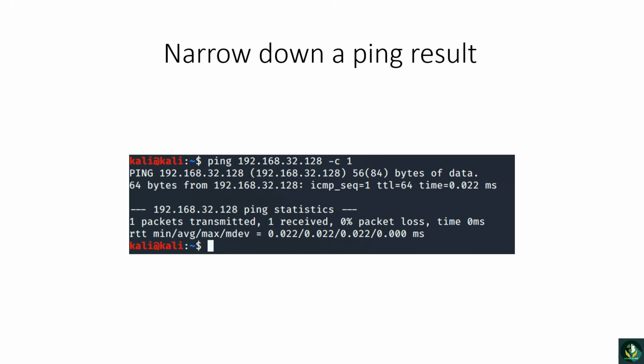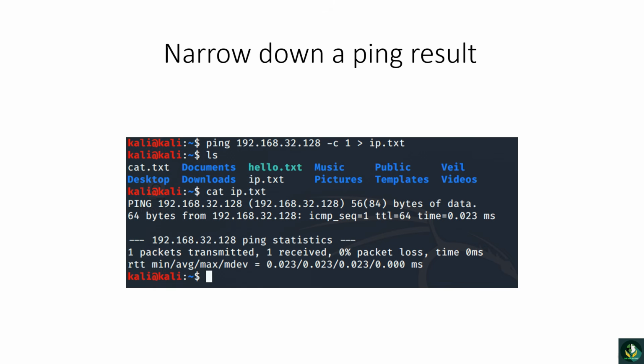This is a count of 1 and it allows the terminal to send one packet. For instance, if we say 10, it will send 10 packets and they will appear in the terminal, and this makes sense.